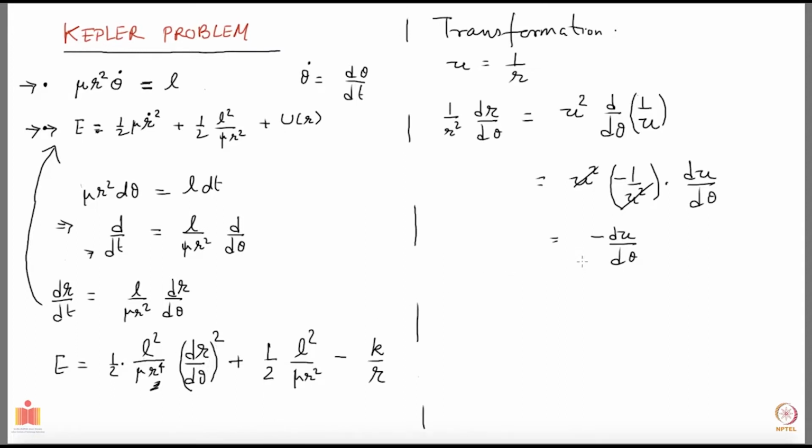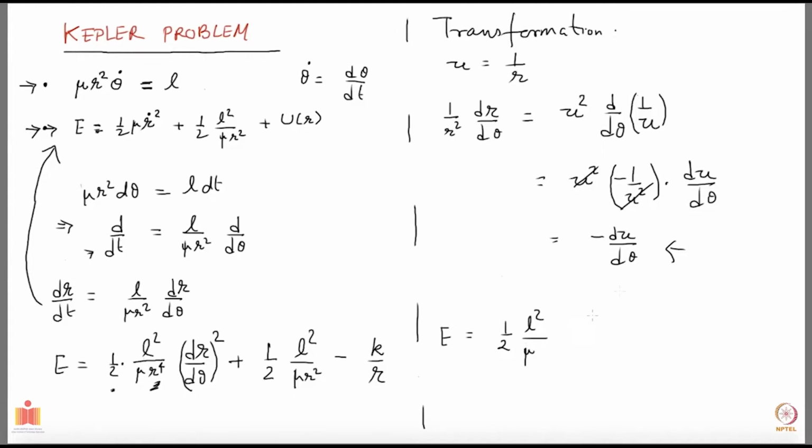Okay, so if I substitute this quantity here, I get E is equal to half L squared over mu. That's correct.